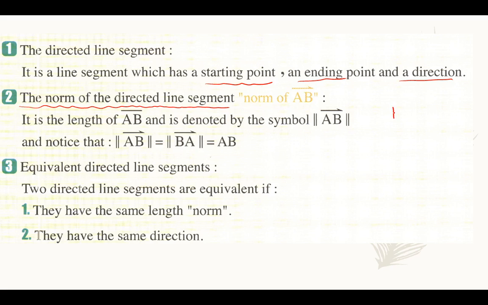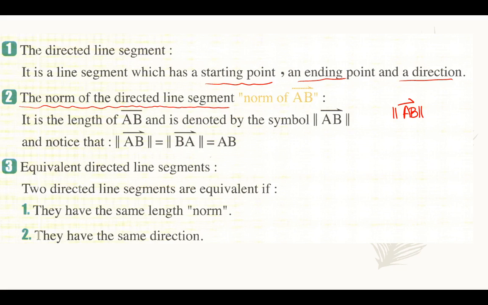So this is the symbol of the norm of AB directed segment, and the norm here means the length of the line segment AB. You can notice that the norm of AB directed line segment equals the norm of BA directed line segment, which equals the length of the line segment AB. Okay, very important definition.